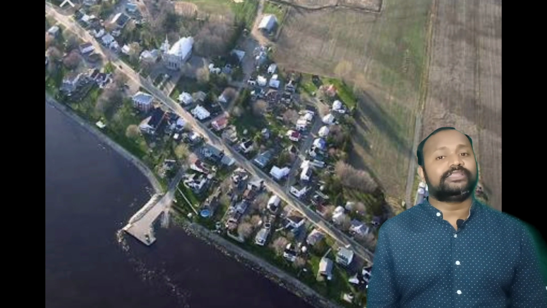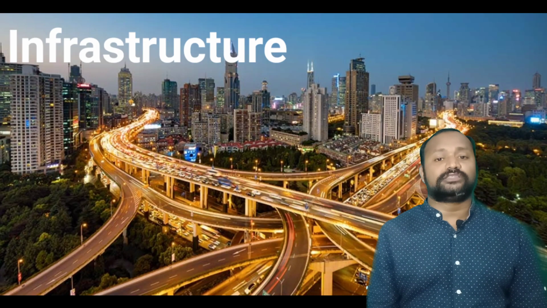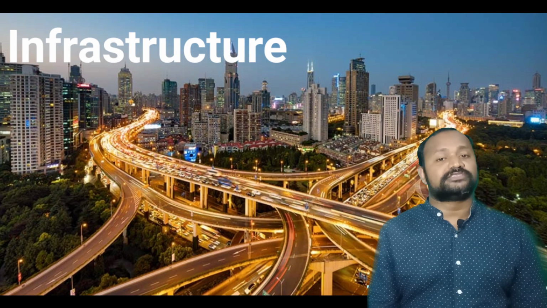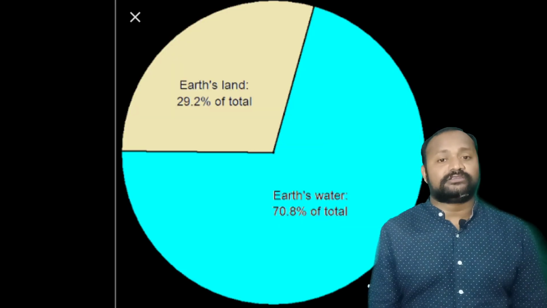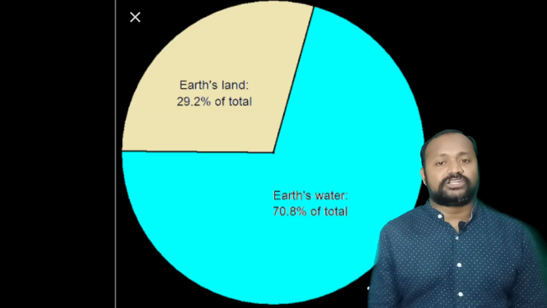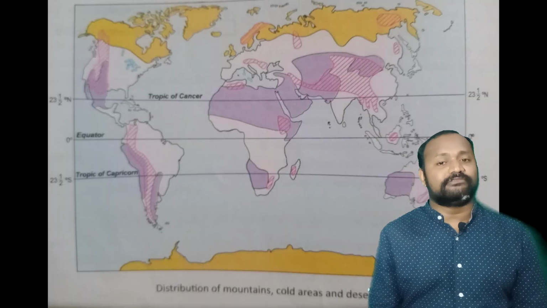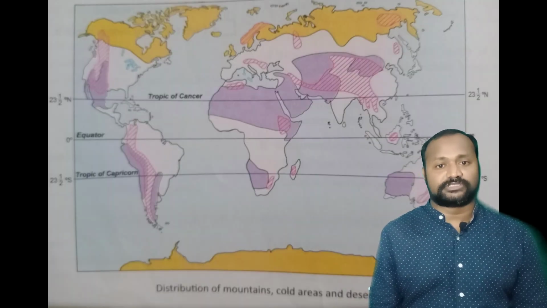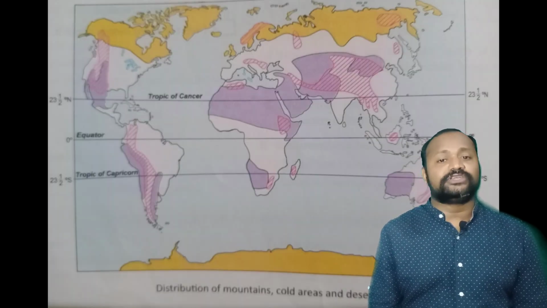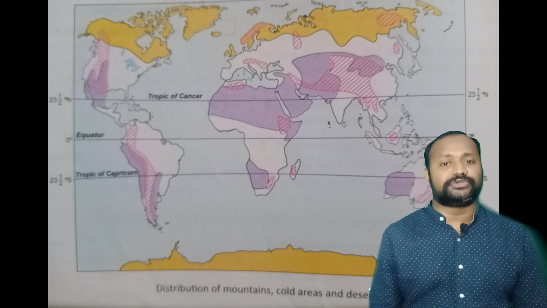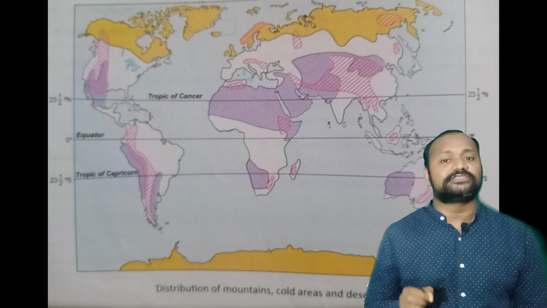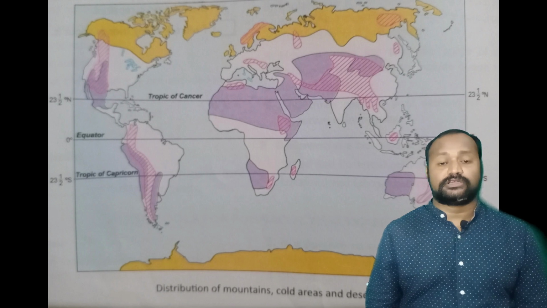But only 30% of the earth's surface is land, and not all land is suitable for our uses. The land which is suitable for our use is normally known as a land resource.